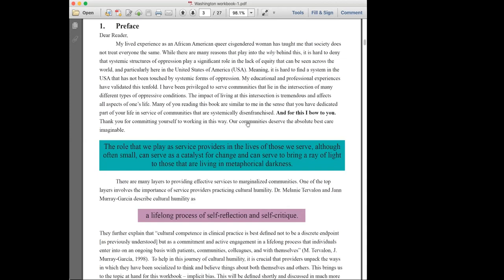And in order for us to really make our implicit biases more explicit, we have to do the level of self-reflective work that we're encouraging you to do in the workbook. And it's through making our implicit biases more explicit that we can actually have conscious choice around how we act or not act toward people. But in order to be able to do that, we have to first make it more explicit.